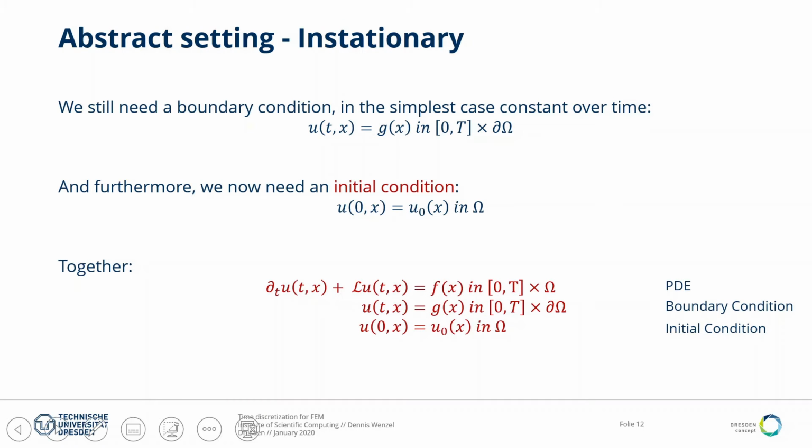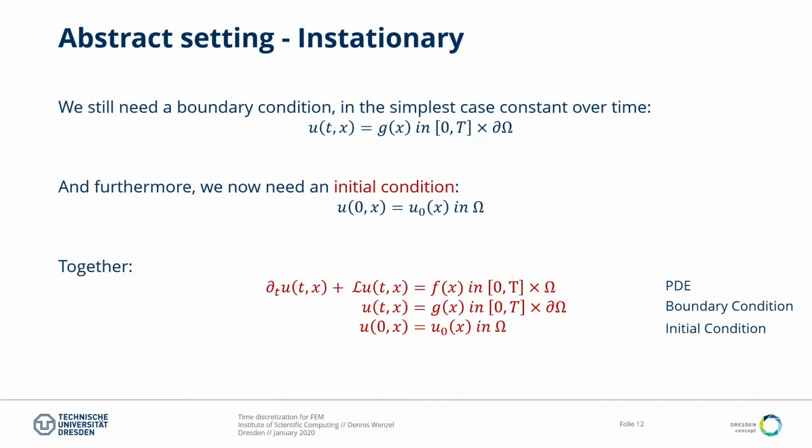And if you put this all together, you arrive at this system. So while before we had a linear differential operator and boundary conditions, we now have a PDE composed of time derivatives and this linear operator in spatial variables, some boundary condition, making sure everything is well defined in terms of spatial variables, and an initial condition to make it well defined in terms of time.